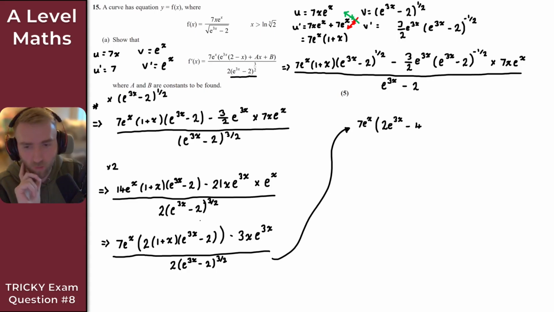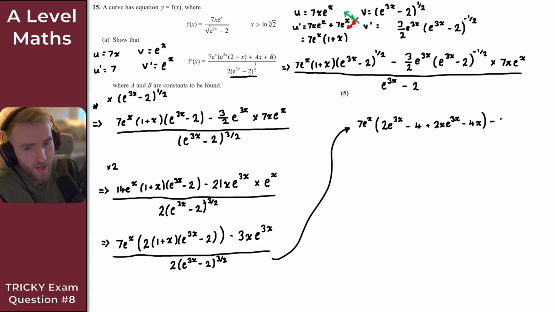I've then got x times e to the 3x, so that's x e to the 3x. Times it by 2, I get 2x e to the 3x. And then finally, x times minus 2 gives me minus 2x. Times it by 2 again, I get minus 4x. Just like this, right? I've got minus 3x e to the 3x here.